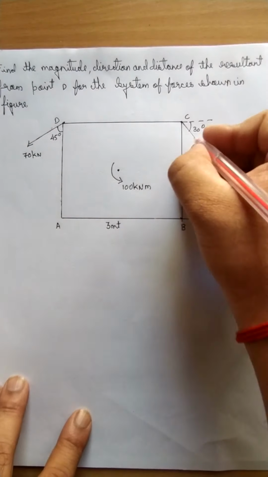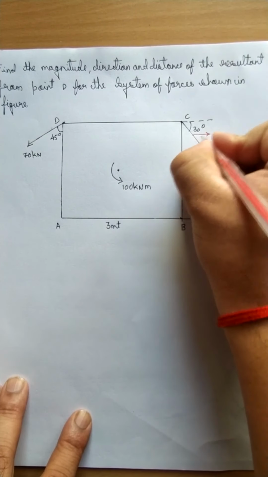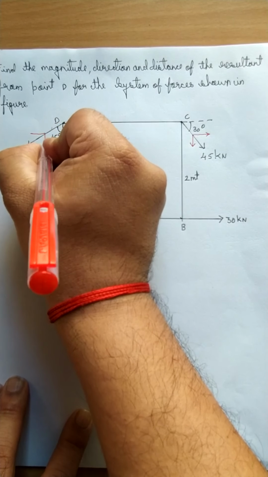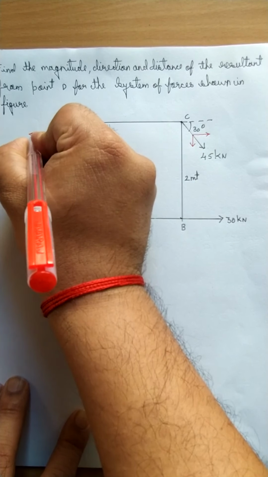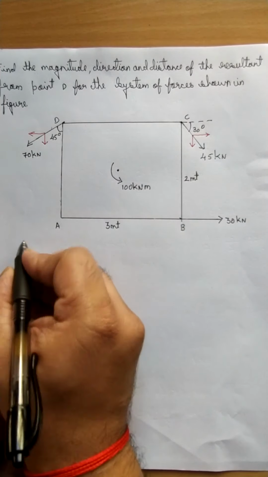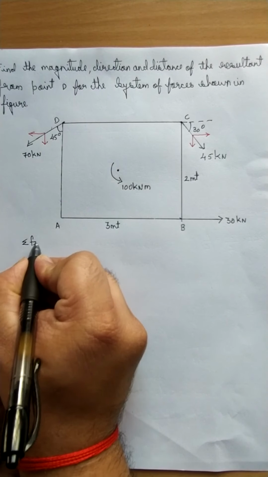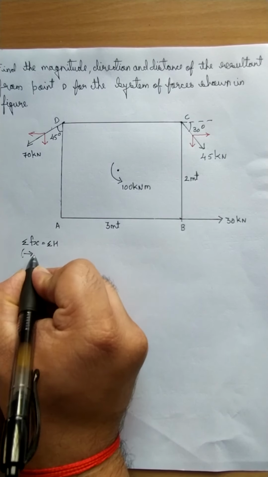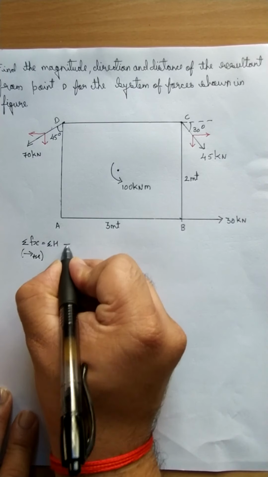So we have two inclined forces. This will get resolved into these components and this will get resolved into this component. This is horizontal, so it will be as it is. So let us start. Let us first find the summation of Fx, or summation of horizontal forces, taking forward as positive.